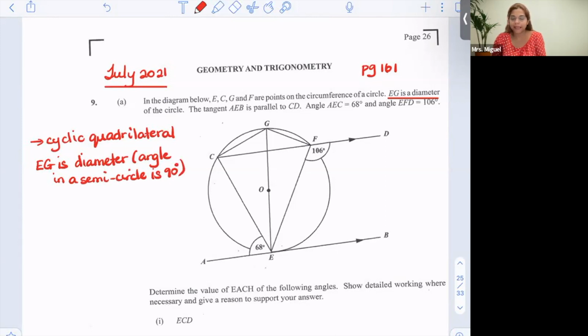AEB is the tangent. What is the relationship with the tangent? What is the theorem with the tangent? Check in your cards that you made yesterday.